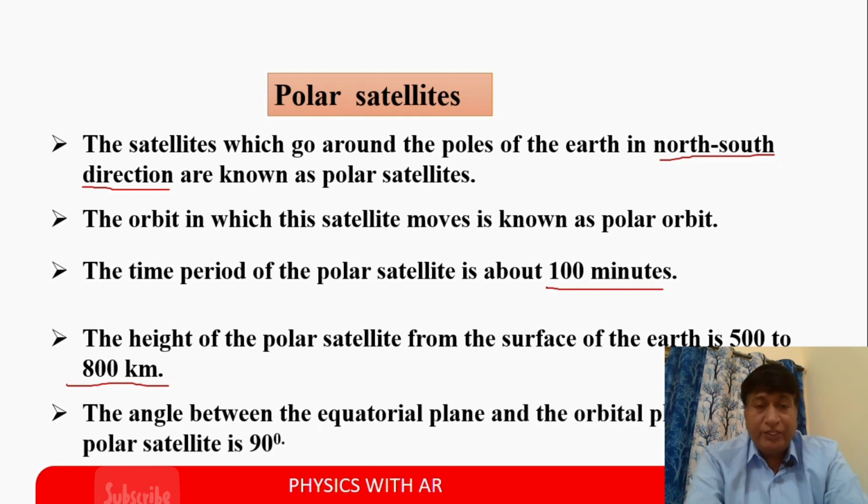The angle between the equatorial plane and the orbital plane of polar satellites is 90 degrees. In the name itself they are given as polar satellites, so depending upon the angle taken, it is 90 degrees.